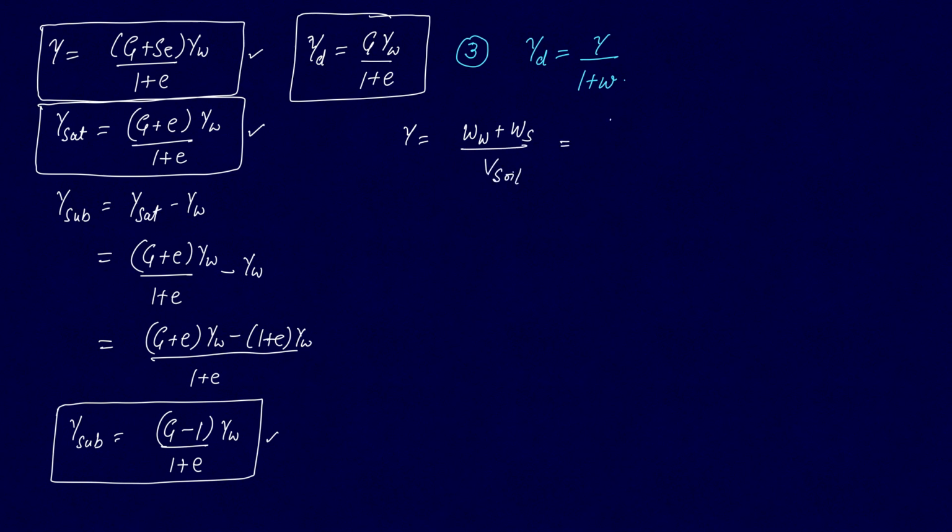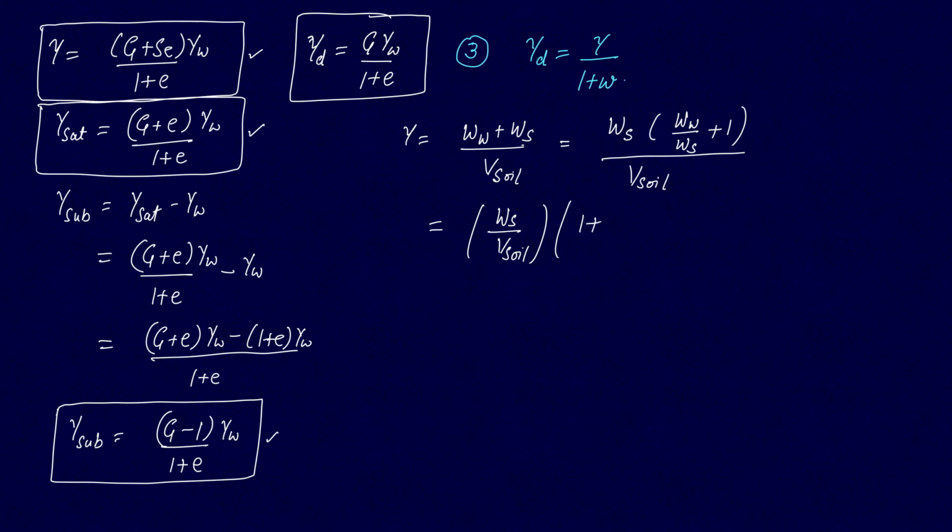If I calculate the numerator by taking Ws as common here, it will be Ww upon Ws plus 1 in the numerator, whereas the denominator is nothing but the volume of soil. Now simply make these two separate. The first separate term is Ws upon volume of soil, whereas the other bracket is 1 plus Ww upon Ws.